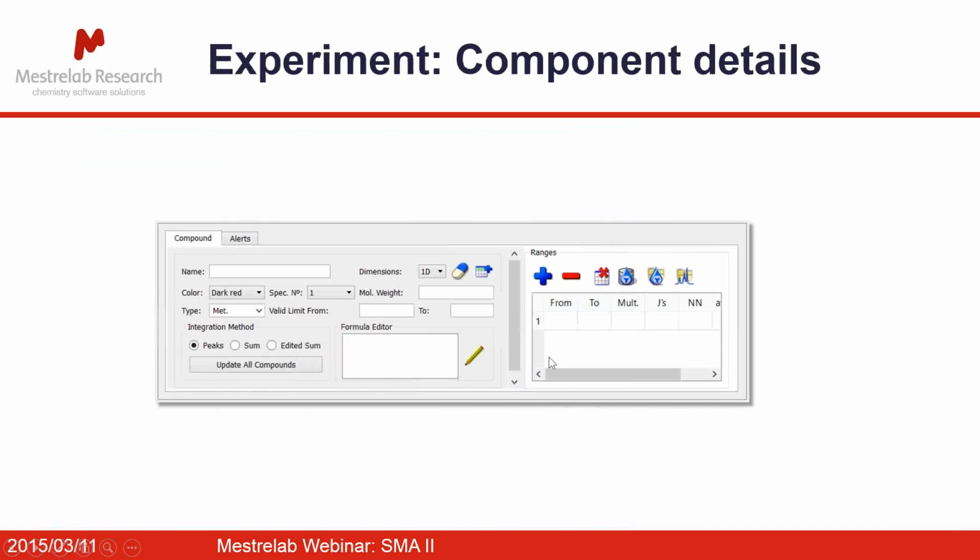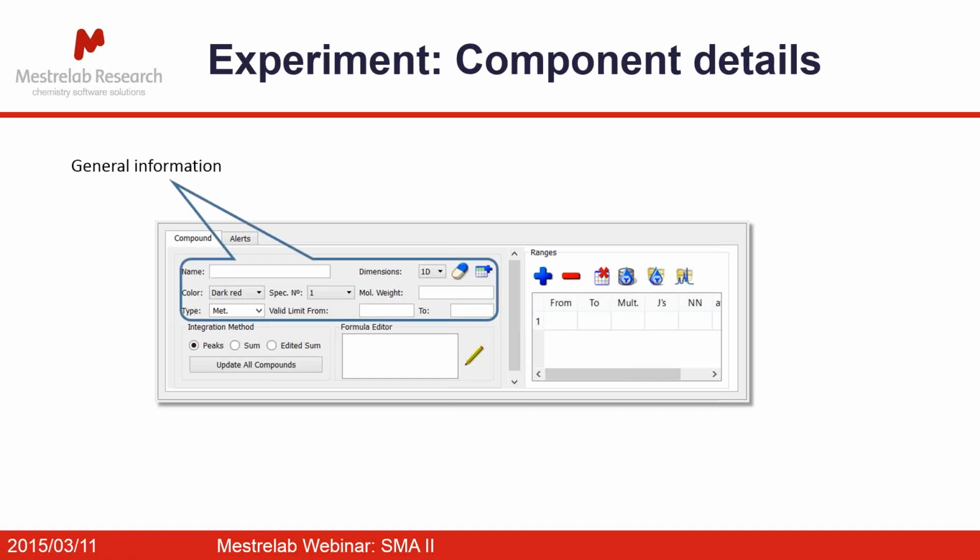Okay, so the component details appear in a little window that looks like this. So we're drilling down a little bit now in information. This is the bottom region of the slide I showed you a second ago. And what you can see here is a section with general information in the top over here.